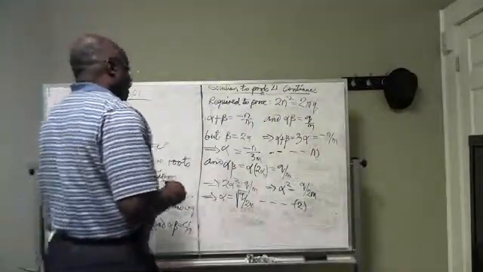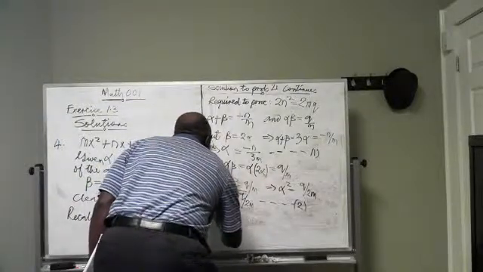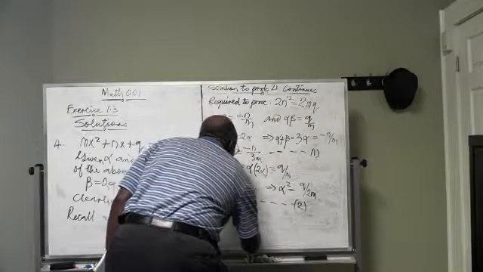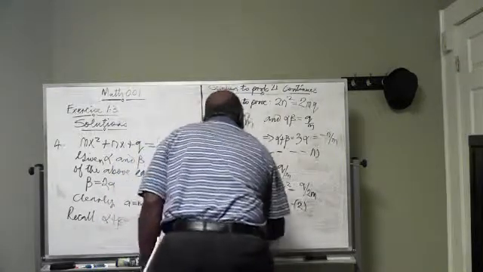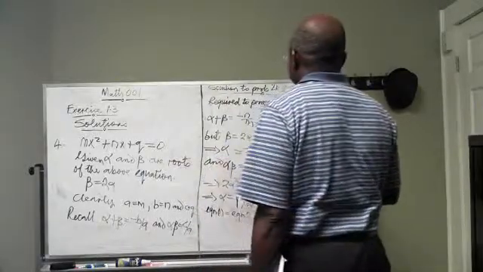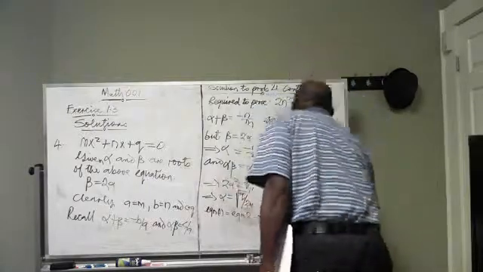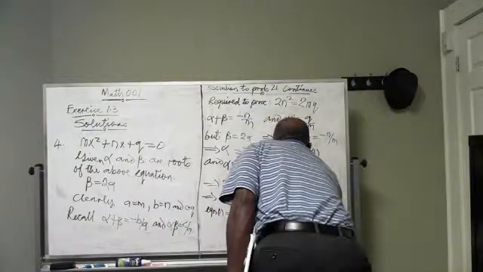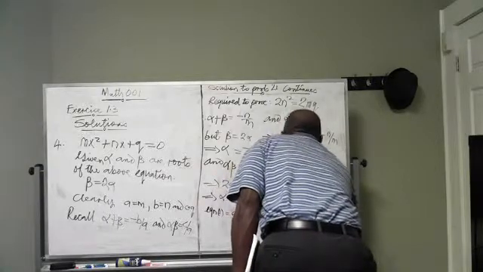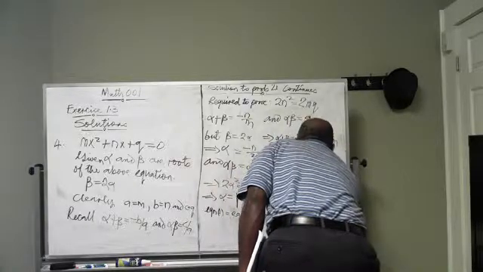Equating equation 1 and 2, equation 1 equals equation 2. This implies minus n over 3m is equal to the square root of q over 2m.